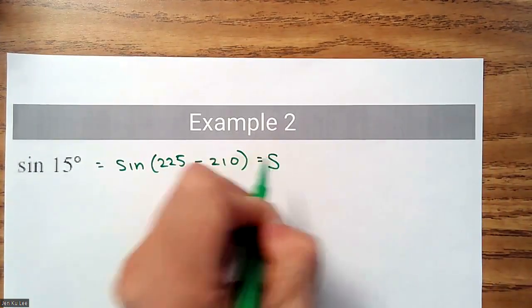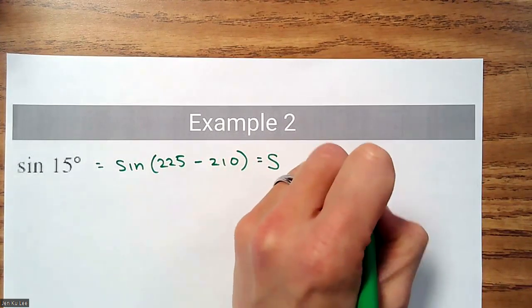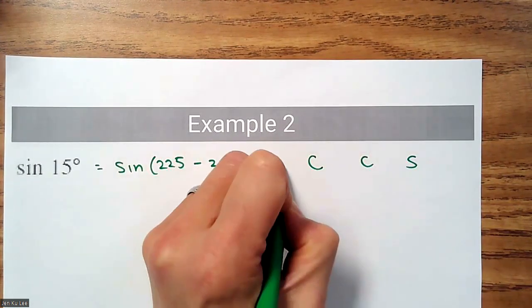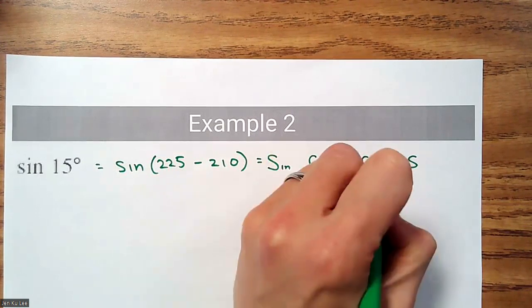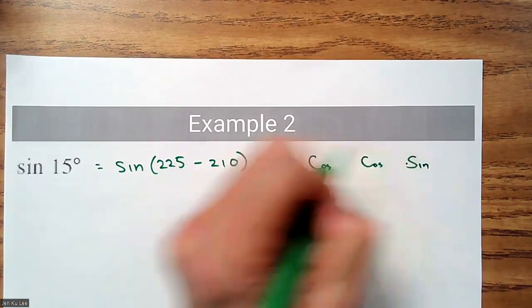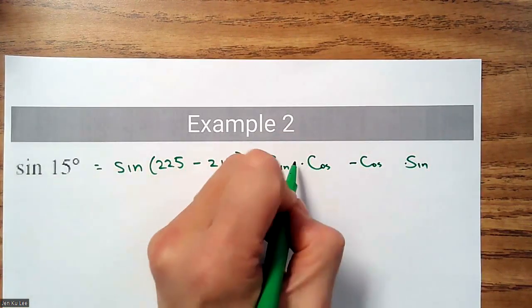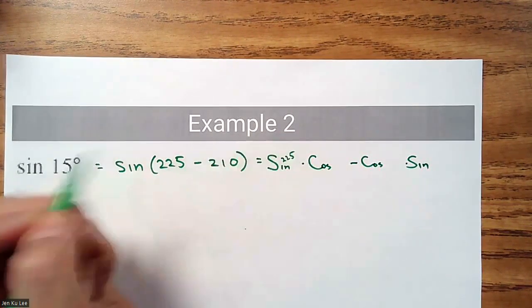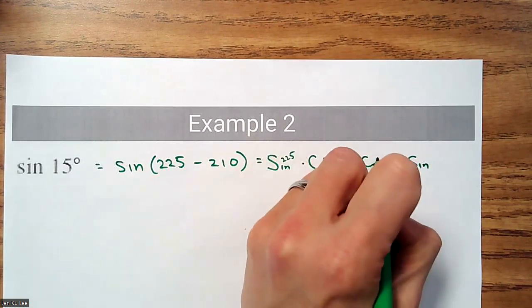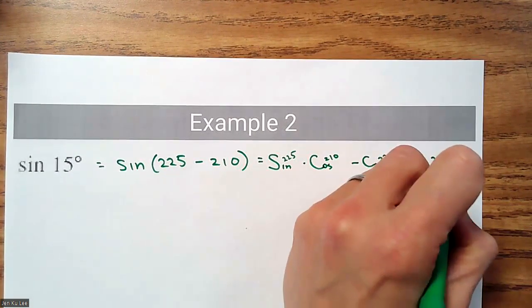Sine can't change signs. Sine, cosine, cosine, sine, minus, so that's a minus. 225, 210, 225, 210.